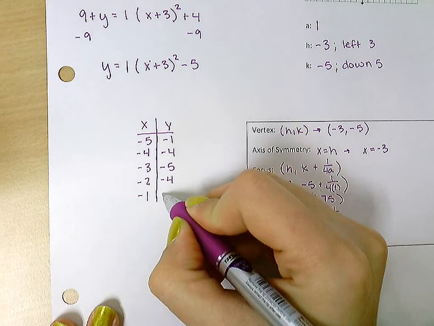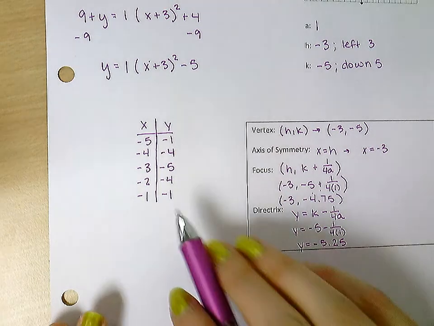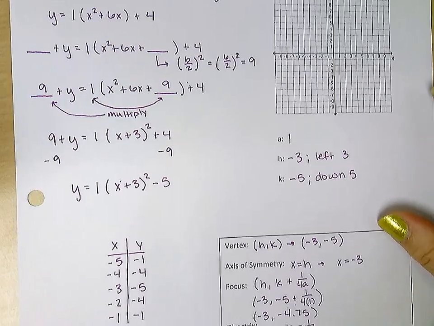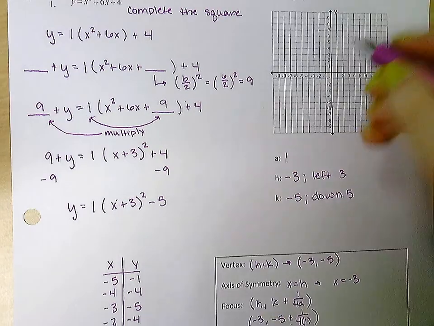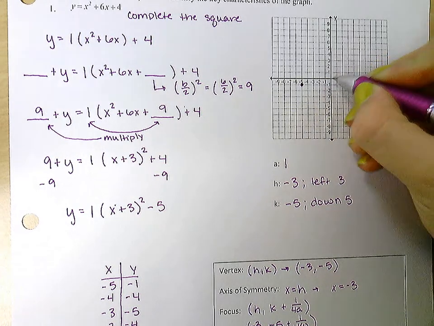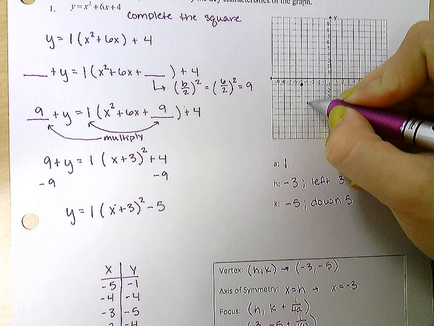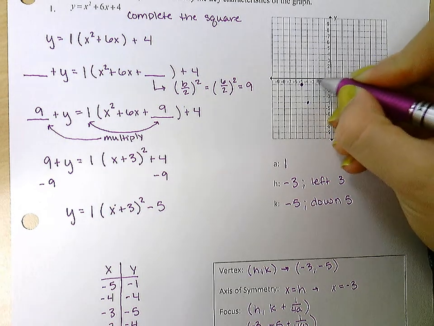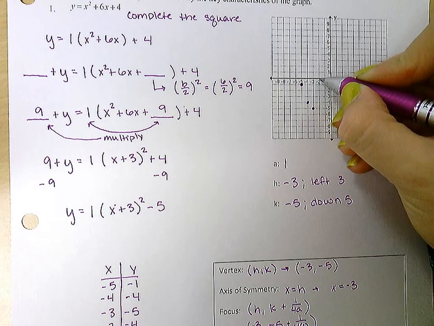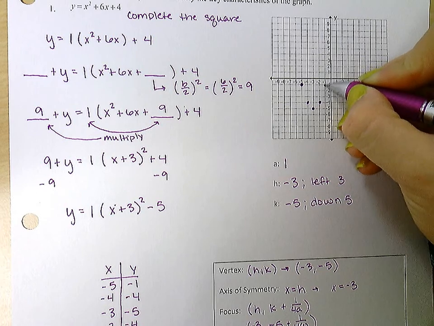Same thing with -1. If I plug it in, I should get -1. So from here, I can just plot these points on my graph. I have a point of -5, -1. I have -4, -4. I have -3, -5. -2, -4, and -1, -1.